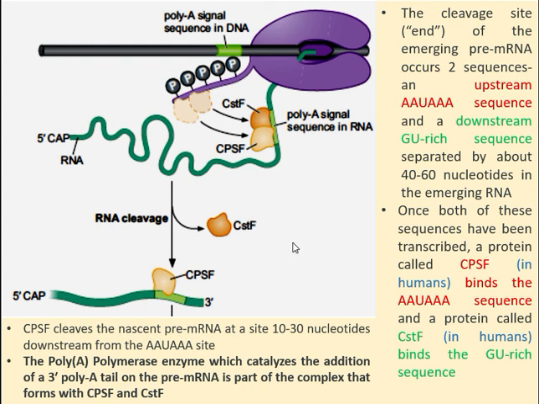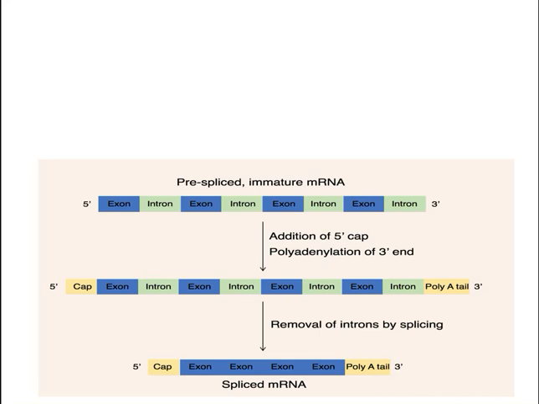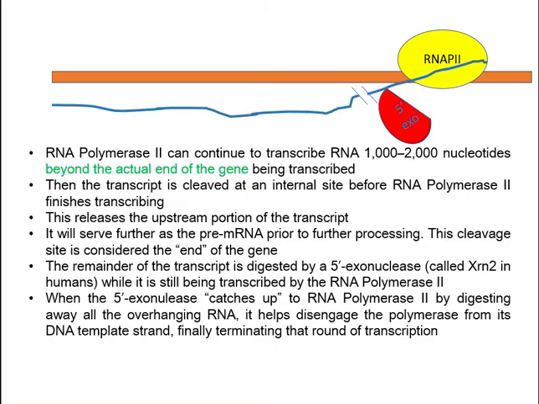I told you this is the actual end site where cutting occurs. Here there will be the AAUAAA sequence and here will be the GU rich region.